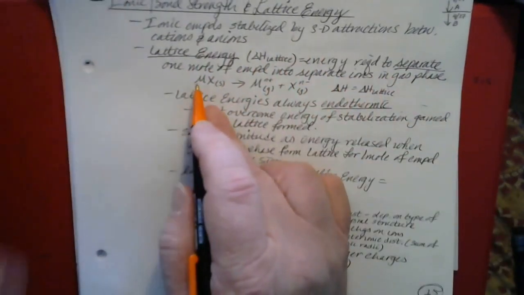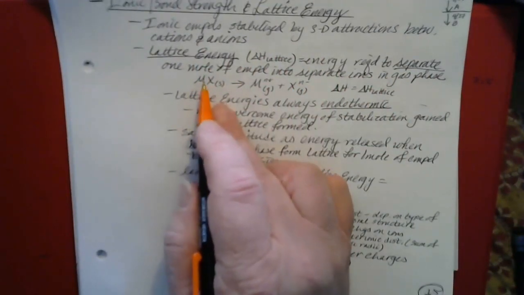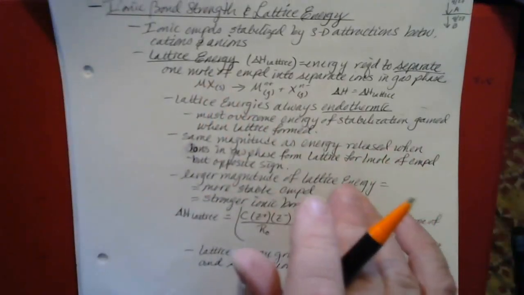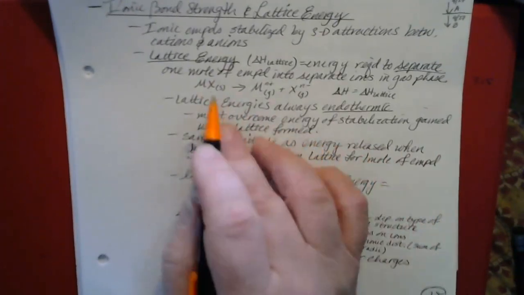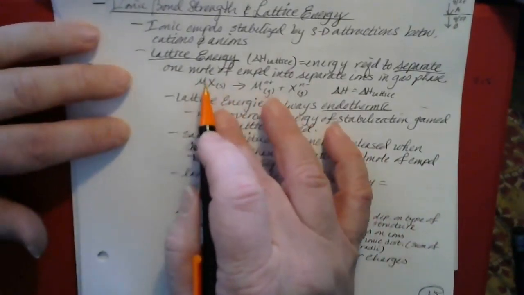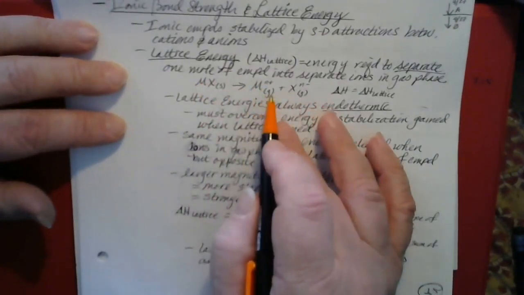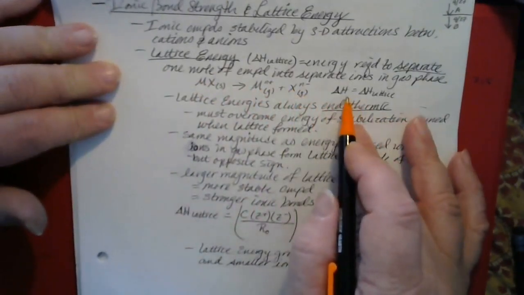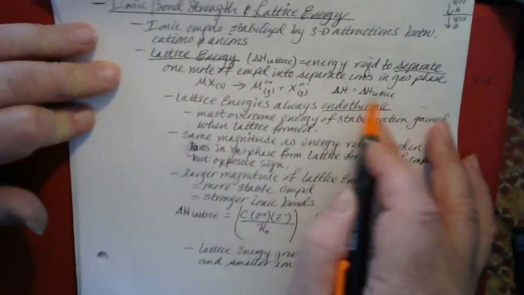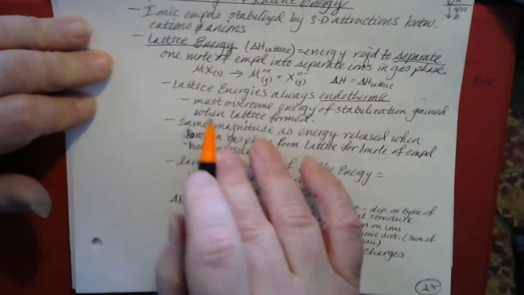So if you have an ionic compound with the formula MX, with M being some metal and X representing, say, a halogen like chloride, fluoride, or bromide, then MX in the solid phase being transformed into M ions in the gas phase and X ions in the gas phase, the delta H, or the enthalpy for that reaction, is the lattice energy for doing that to 1 mole of the compound.